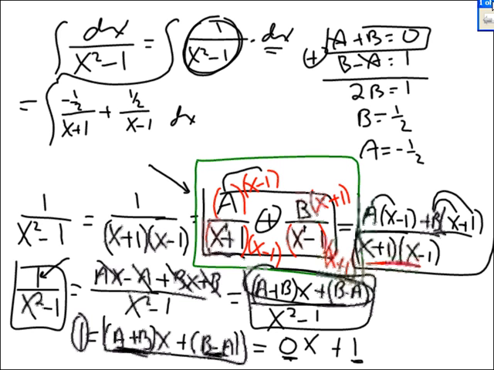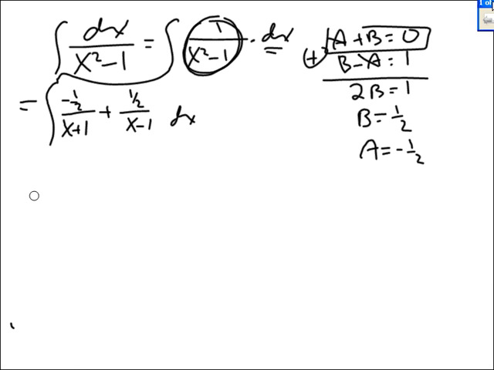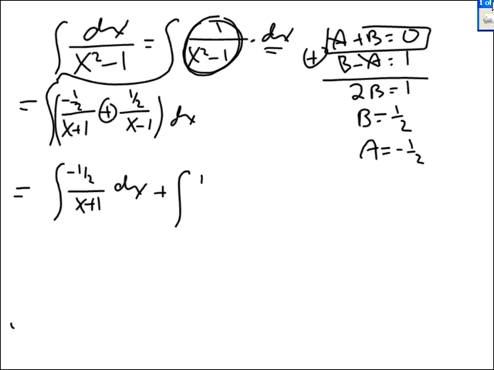Okay, I'm going to erase an awful lot, and now we're going to integrate this mess. The integral of a sum is the sum of the integrals. I could take the integral of negative a half over x plus 1 dx and add the integral of 1/2 over x minus 1 dx.